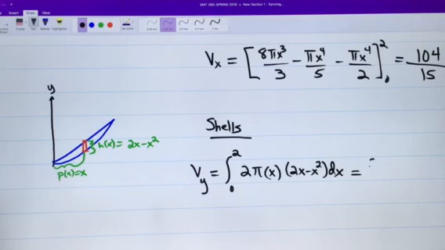Multiplying out, we have 4 pi x squared minus 2 pi x cubed.